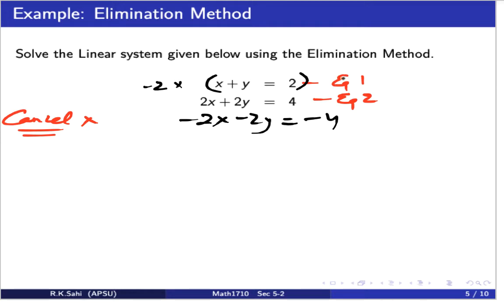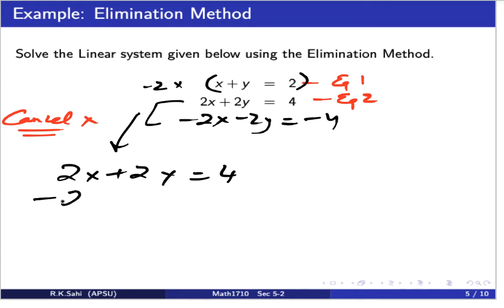Now remember, it doesn't matter if you multiply by a constant, the original equation still remains the same. So now we have two equations: 2x plus 2y equals 4, and minus 2x minus 2y equals minus 4. We're going to add these.